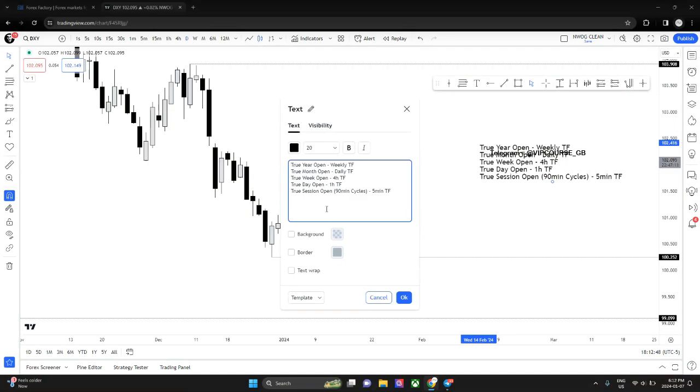I will give you guys lower time frame cycles and higher time frame cycles as we go along. But these are what you really want to focus on right now, okay? If you like 90-minute cycles, you like trading the London session or the New York session, then the 5-minute time frame is your friend.